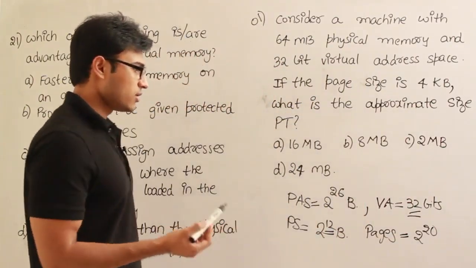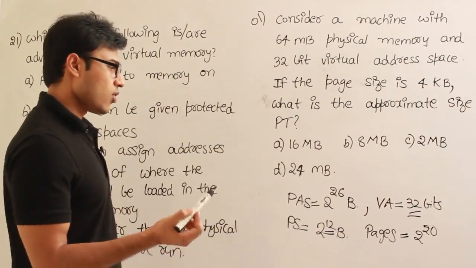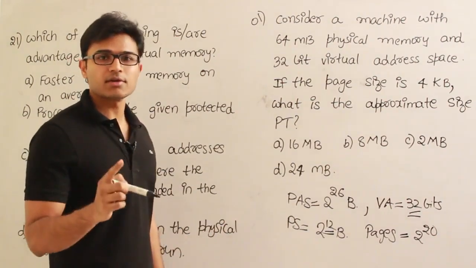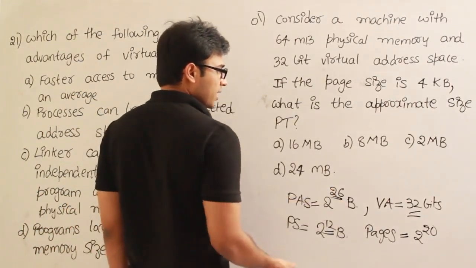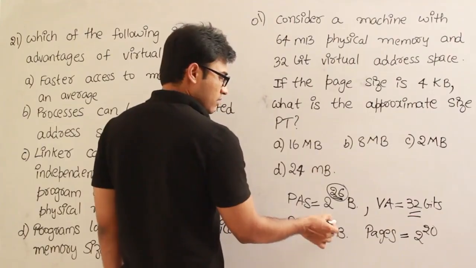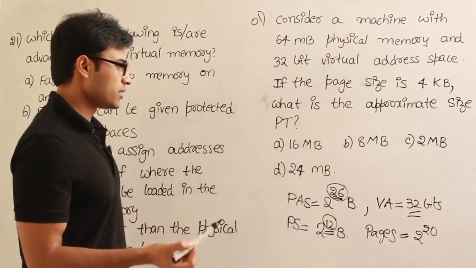And after finding out the number of pages, that is equal to the number of entries in the page table, what will be the size of each entry? Each entry should be pointing to the frame number, right? So physical address space is 26 bits, and frame offset is 12 bits. Therefore if you subtract it, how many bits are remaining? 14 bits are remaining.